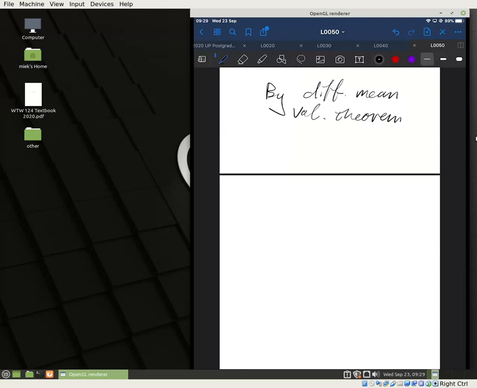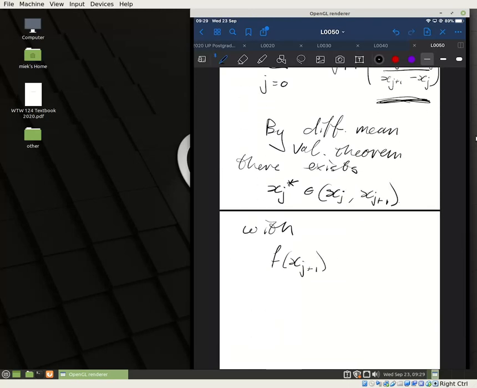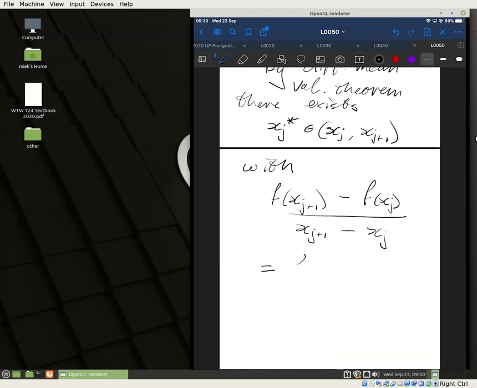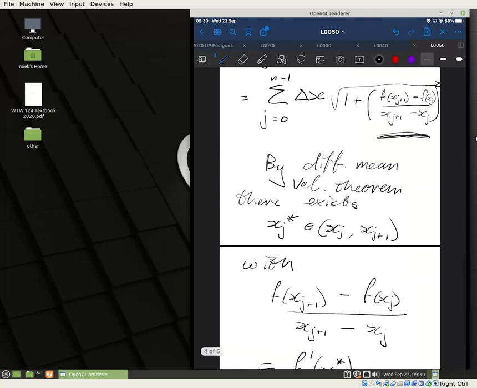So there exists some x_j star in the open interval x_j to x_{j+1} with (f(x_{j+1}) minus f(x_j)) over (x_{j+1} minus x_j) equal to the derivative of f at the point x_j star.